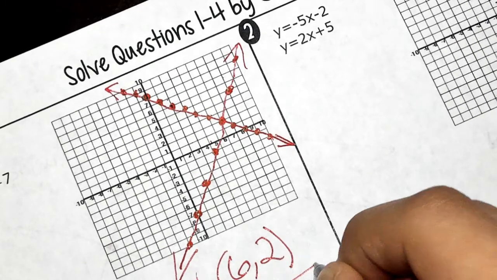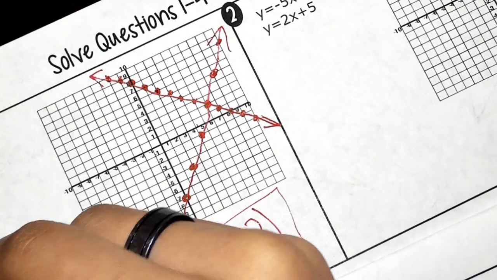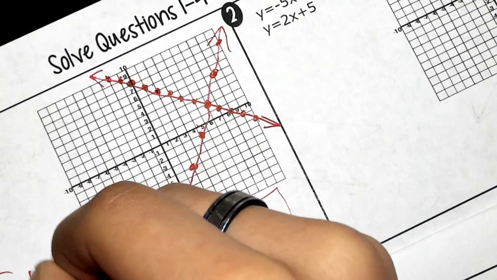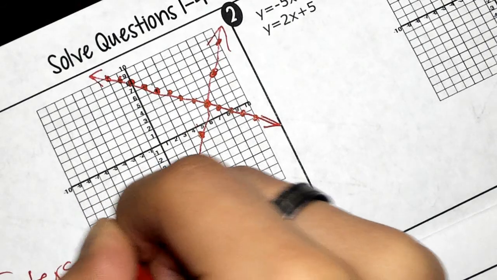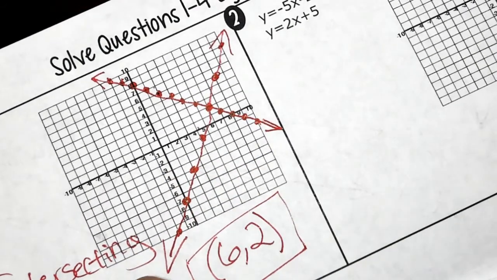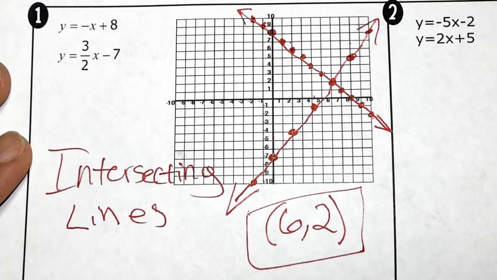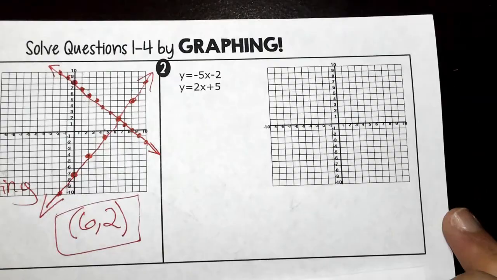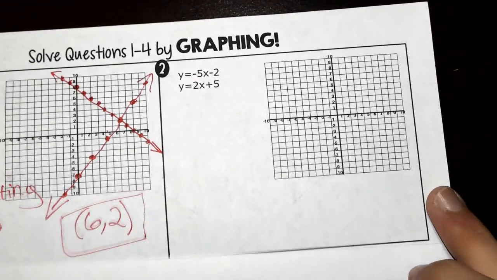So these are intersecting lines. Alright. Now, let's move over to this one.